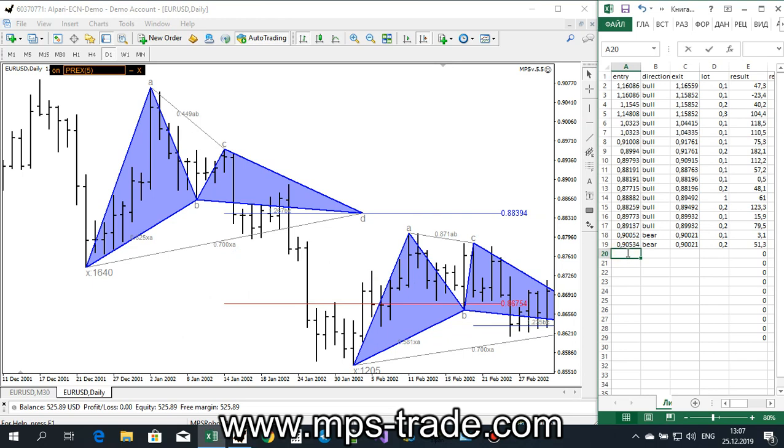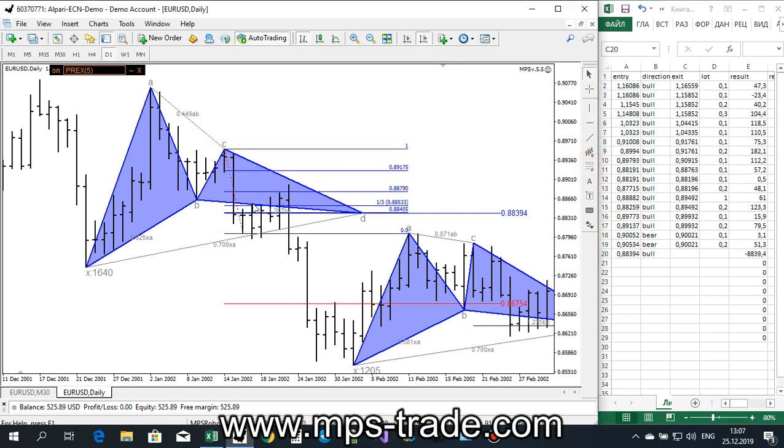The trade was a pattern completion, 88.394, and this was a bull trade, and the exit was 1/3 at 88.533. Position size was 0.1. Okay, but then price reversed and installed a new bottom.